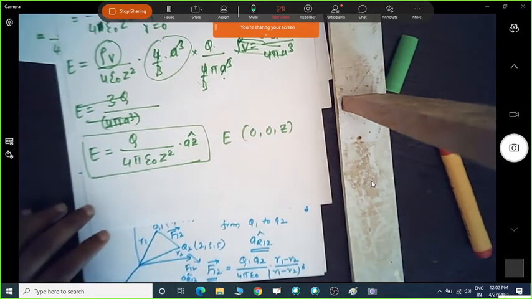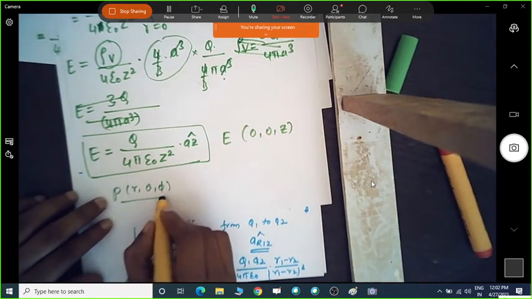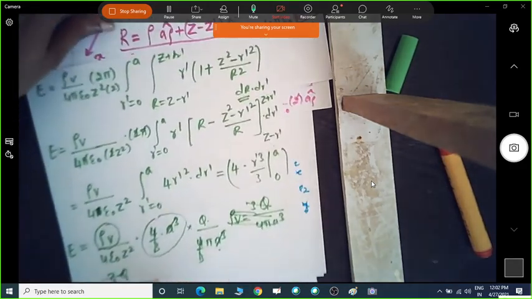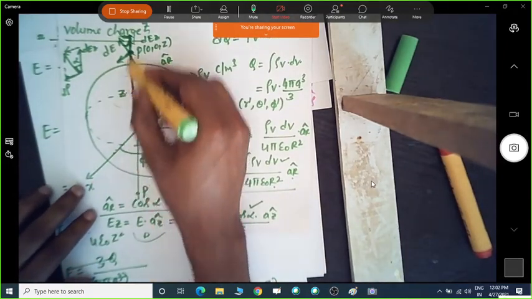Now if I take the charge distribution, as I said, symmetrically at a point r comma theta comma phi, in general this z value can be considered as the point r.